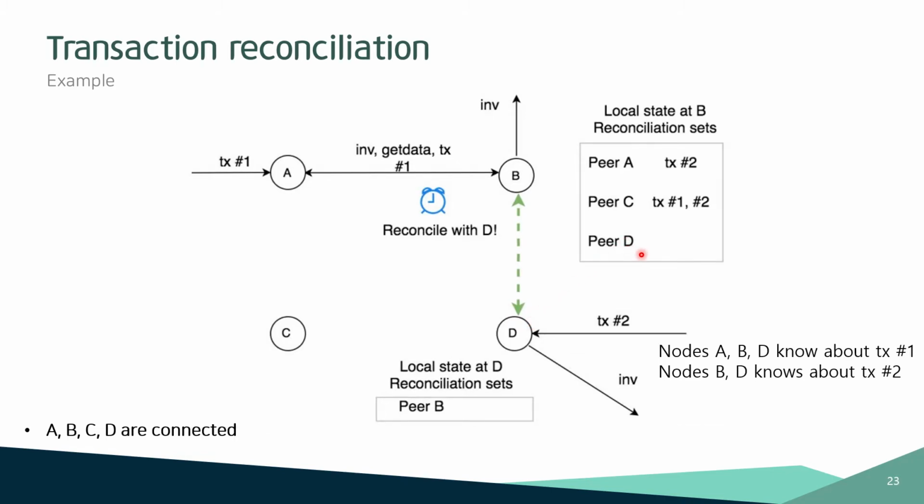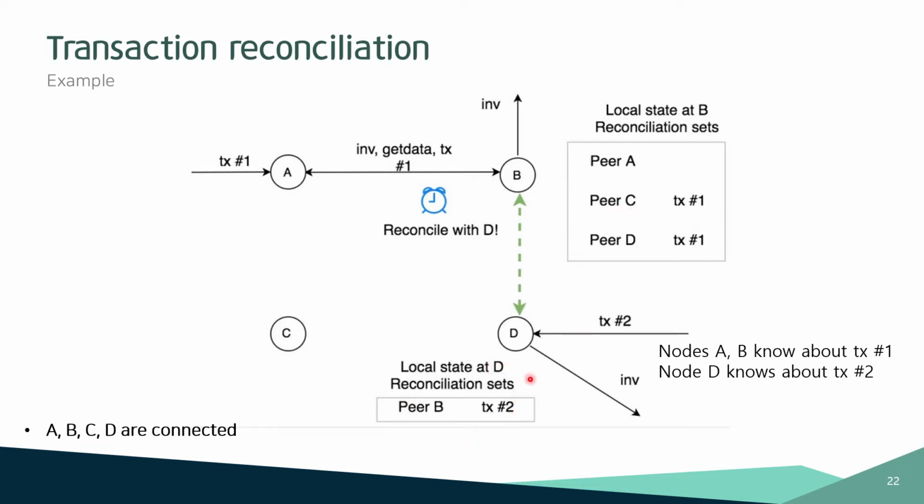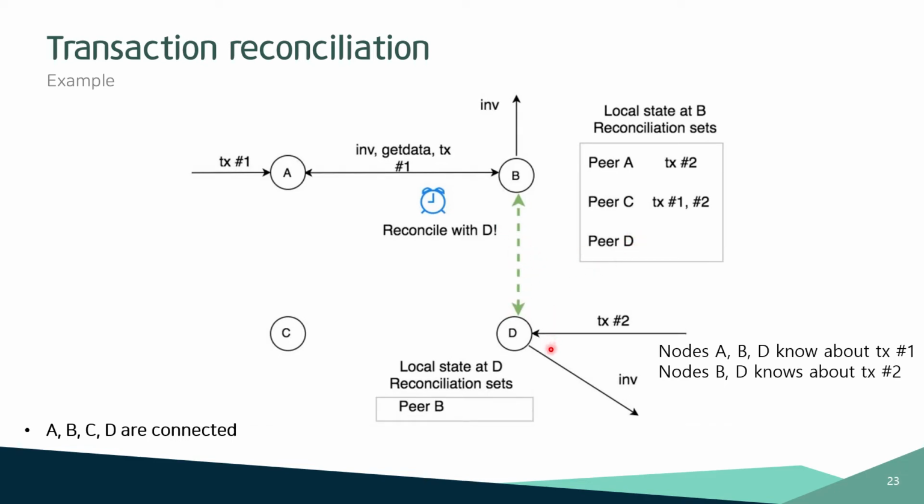So in this case, B knows that D doesn't have transaction 1, and D knows B doesn't have transaction 2. So they exchange the transactions, and during the reconciliation step, nodes B and D know about transactions 2 and 1, and node A knows about transaction 1.